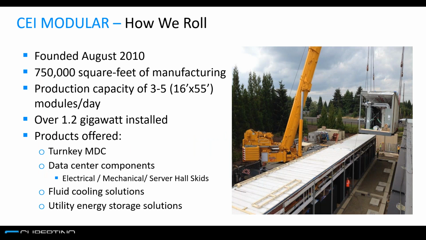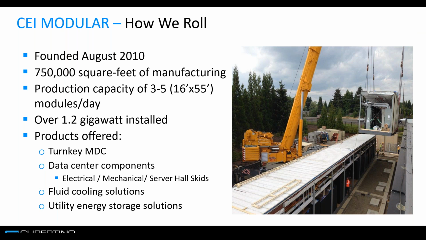I'm assuming many of you are wondering why an electrical contractor is involved with this webinar, so a little bit of history. We started a modular division back in 2010 primarily to reduce labor risk on projects and to increase overall quality of the data center builds at that point in time.